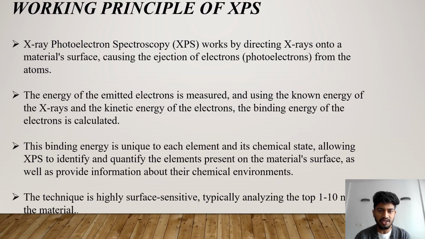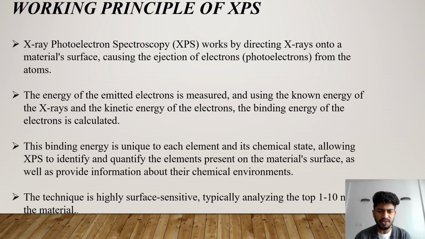So when the electrons are ejected, they will be captured and their kinetic energies detected through the computing system, and by that the binding energy of those electrons will be calculated.